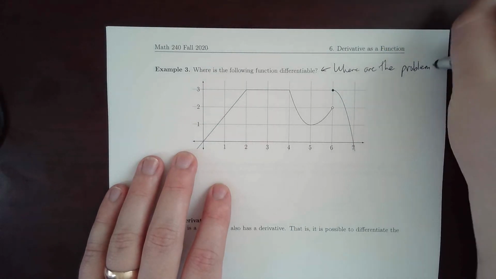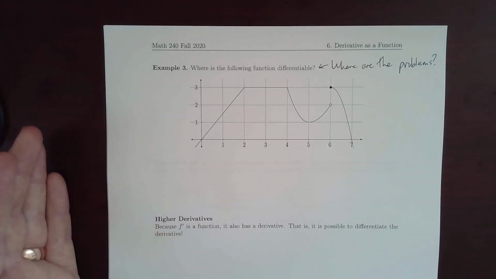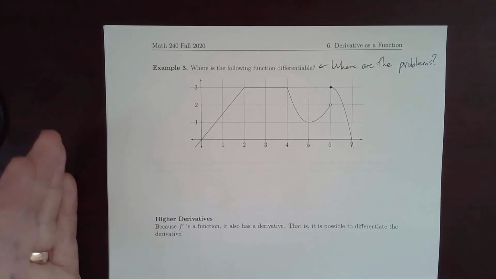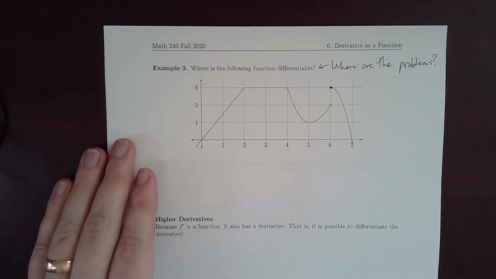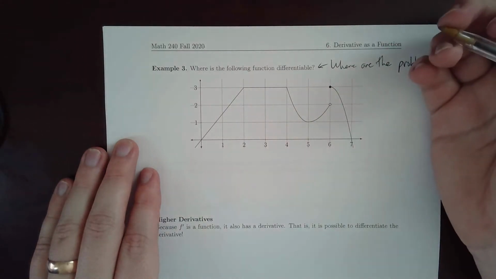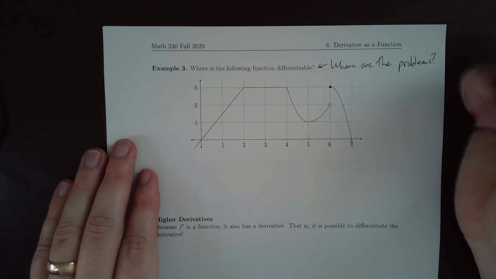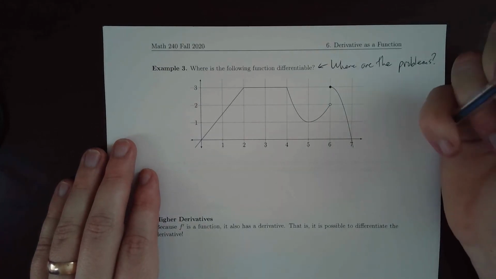If you can answer where the problems are with the differentiability, then you can answer the question of where it's differentiable. So we're looking out for sharp corners, places where we don't have continuity, and vertical tangent lines.